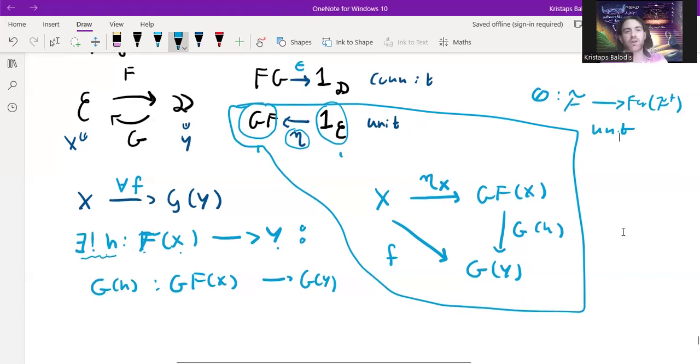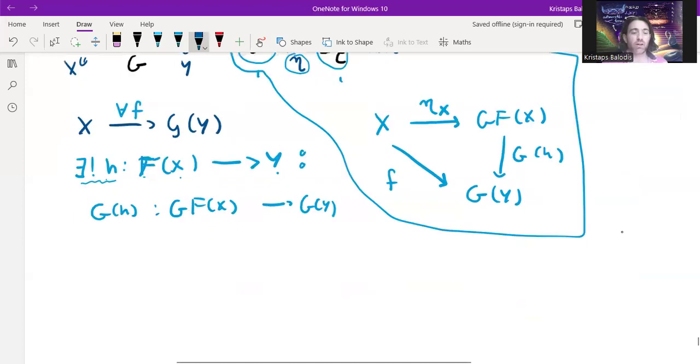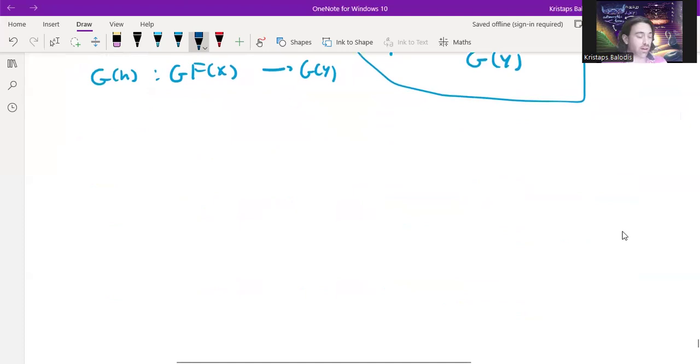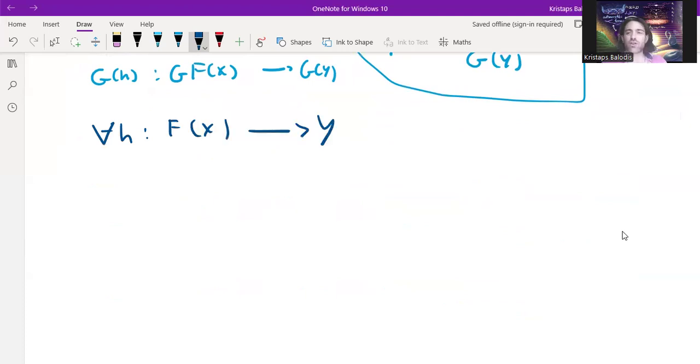But we also need something on the co-unit. That needs to do something special as well. What is the diagram for the co-unit? It's essentially the dual thing, right?